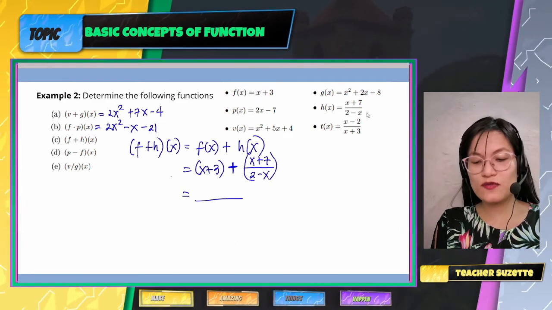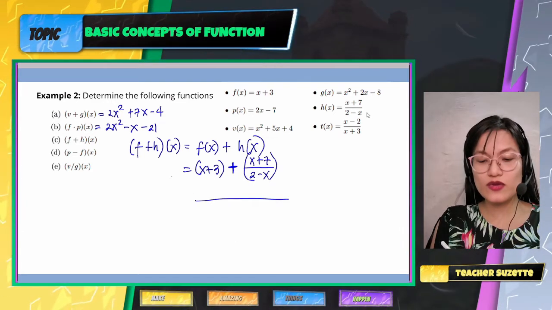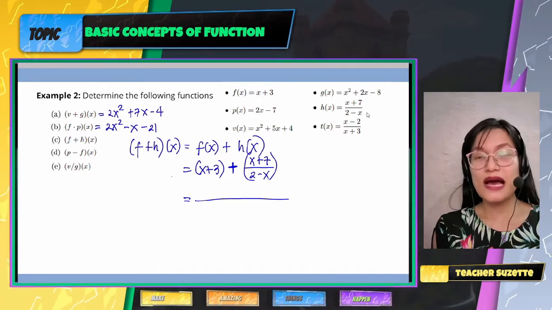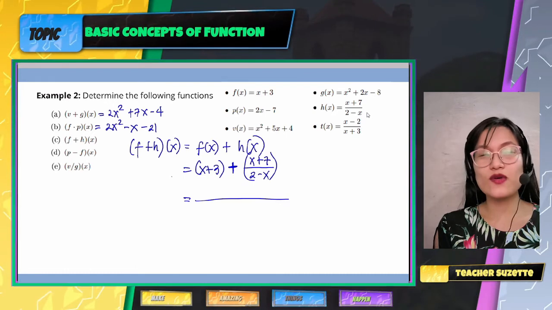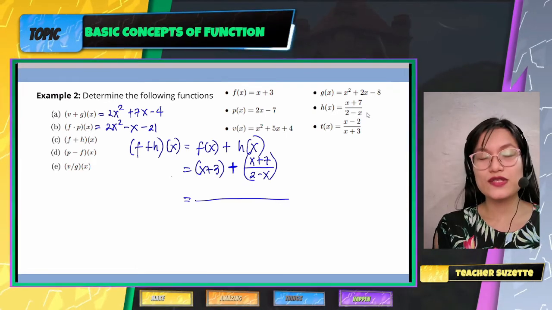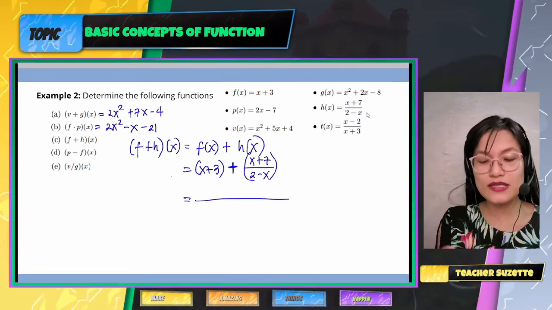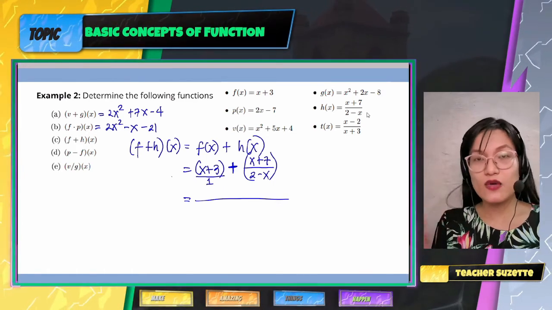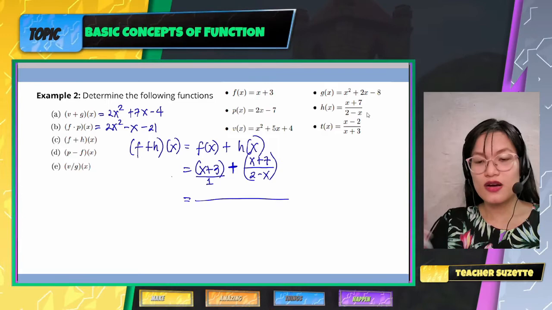For us to combine this one, what we're going to do is get the LCD of x plus 3 plus x plus 7 over 2 minus x. The denominator of our x plus 3, even if we did not write it, is 1.